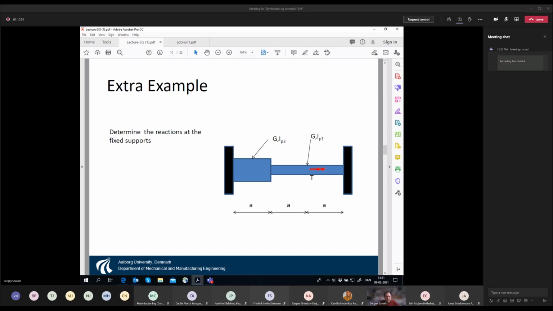So it's no problem. But the idea basically is the same as in the previous example. The idea is just to employ 3 groups of equations: the equilibrium, compatibility, and Hooke's law.